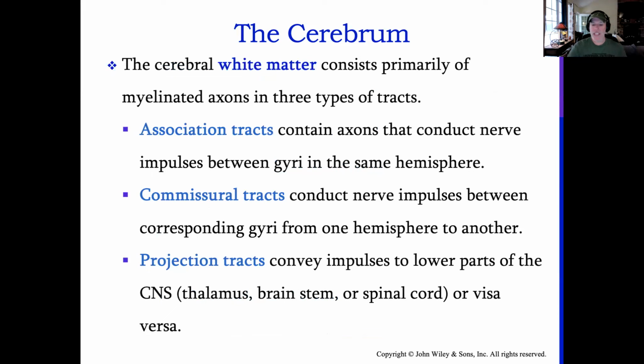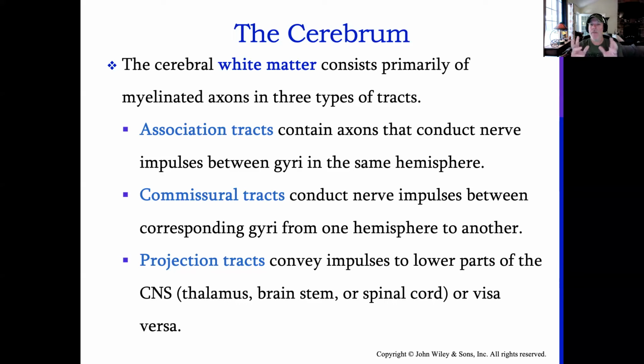Now, deep within the brain, we are going to have a lot of white matter. In fact, we saw that the spinal cord and the brainstem were mostly made of white matter. We know that the cerebellum contains huge amounts of white matter that we said was called the arbor vitae. We're also going to find a lot of white matter associated with the cerebrum itself, because we have to have means of communication within the cerebrum, within the hemispheres, and then between the hemispheres.